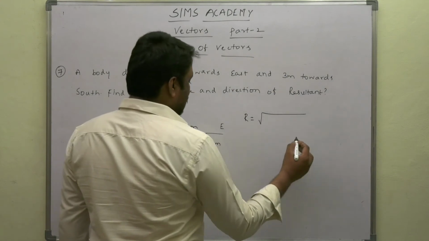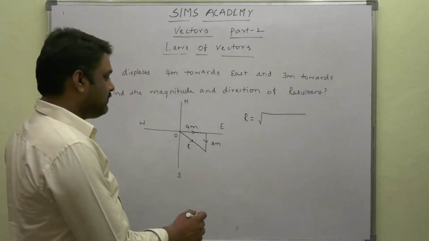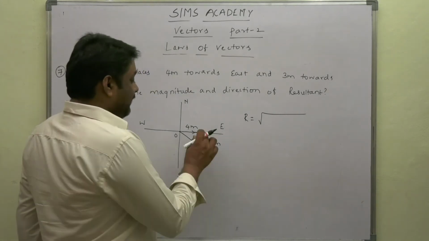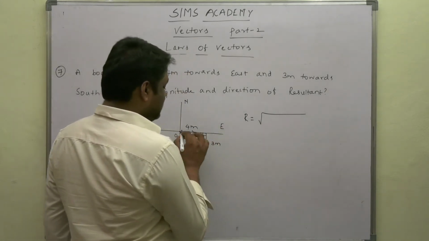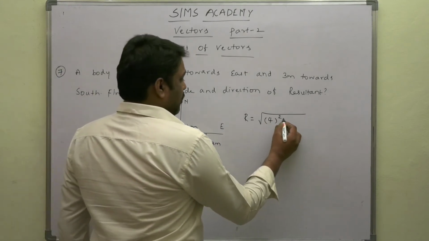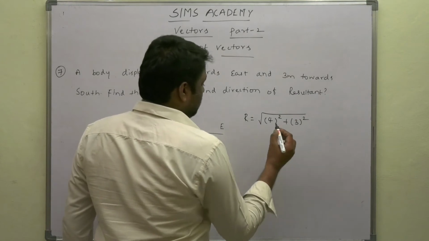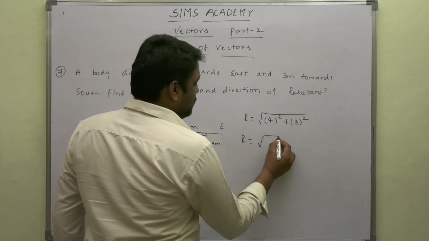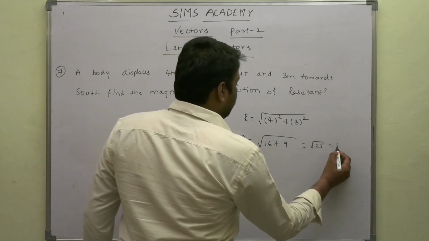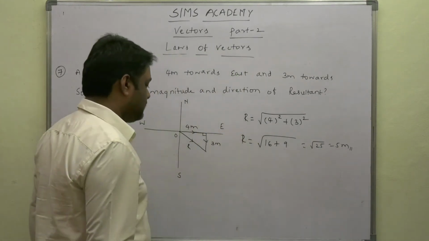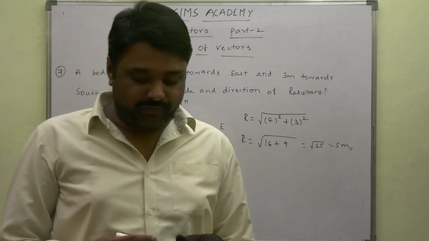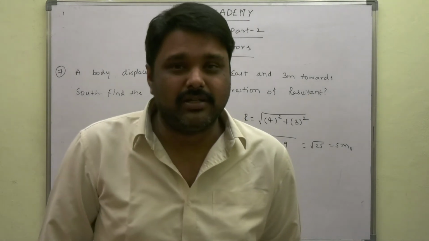R equals under root of, because the angle between them is 90 degrees, we can apply the Pythagoras theorem directly over here. Under root of 4 square plus 3 square, R equals under root of 16 plus 9, 25, that is 5 meters. The magnitude of resultant is 5 meters.